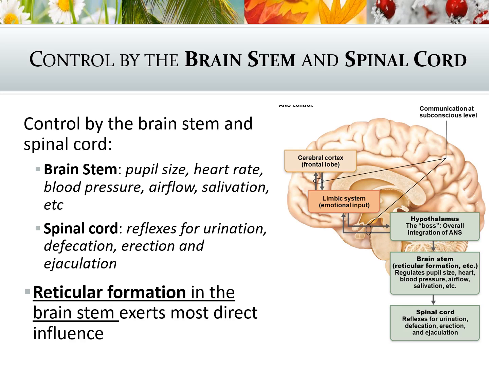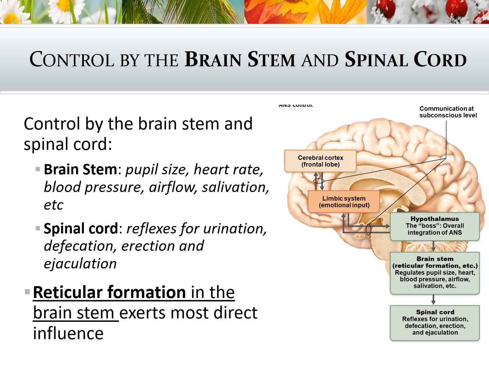So it controls pupil size, heart rate, blood pressure, airflow, salivation, etc. And obviously this is all under the control of the hypothalamus, but it has the most direct influence over what is actually happening, okay? So the hypothalamus directs it, and the brainstem is what initiates it and what makes it happen.